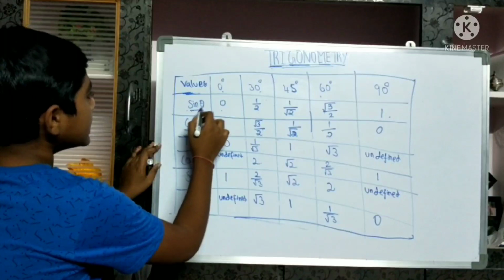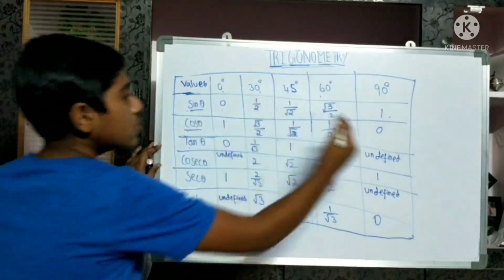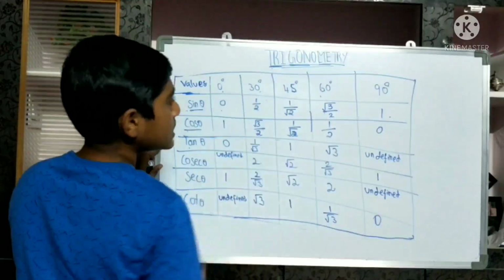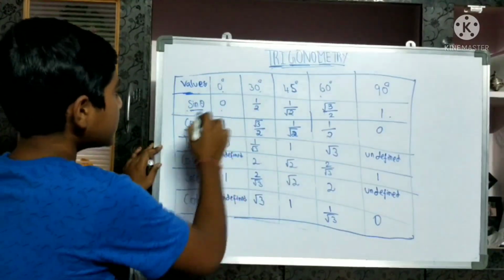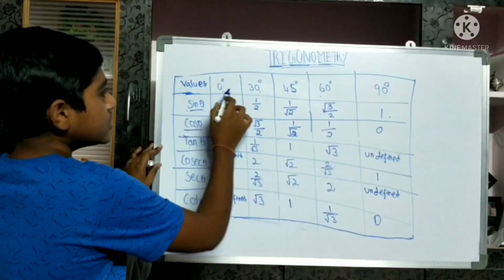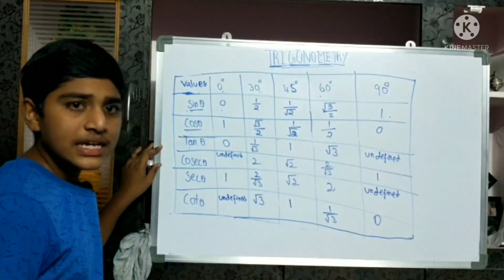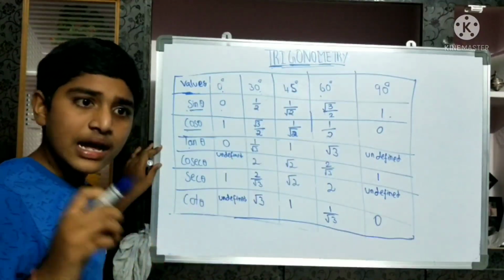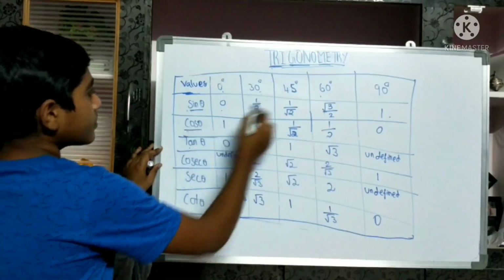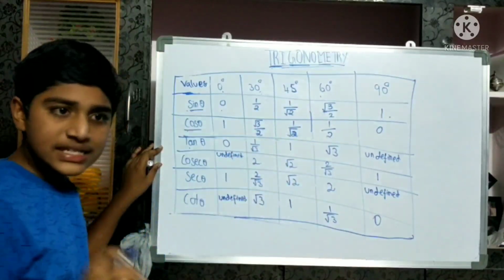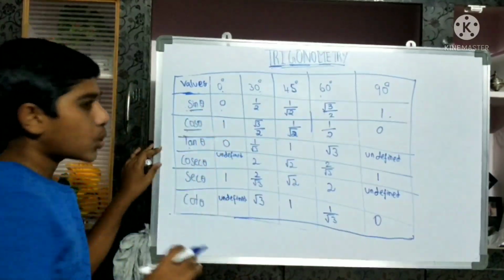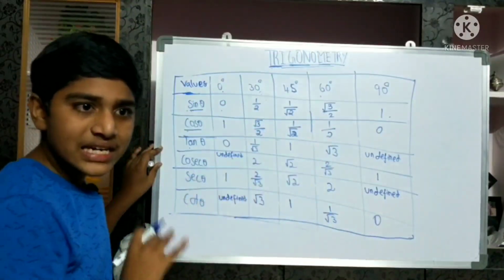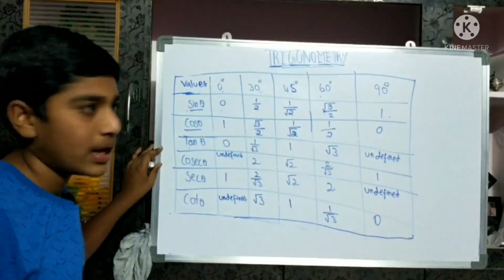So here sin 0 degrees will be equal to cos 90 degrees and sin 30 degrees will be equal to cos 60 degrees. If you observe here, 0 degrees plus 90 degrees is 90 degrees. And here 30 degrees plus 60 degrees is 90 degrees. And here 45 degrees and 45 degrees is 90 degrees. So for co-ratios, if the sum of the two angles is 90 degrees, their values will be equal.